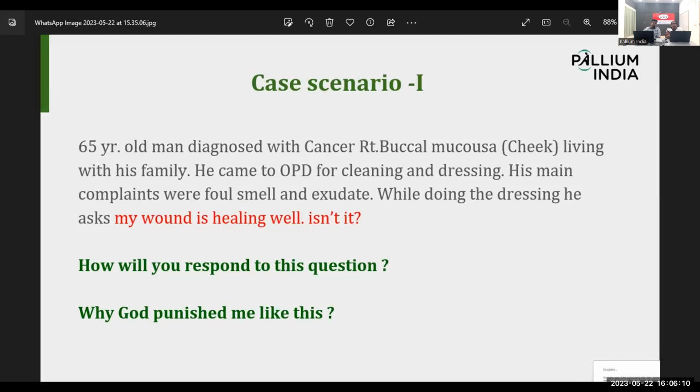Yeah, you are right. So here, as Anna said, you have to ask him about how the size of the wound was and whether any changes happened. You could ask him, and based on the answer, sometimes he will say, yes, I think my wound size is increasing and the smell and the exudate is increasing.